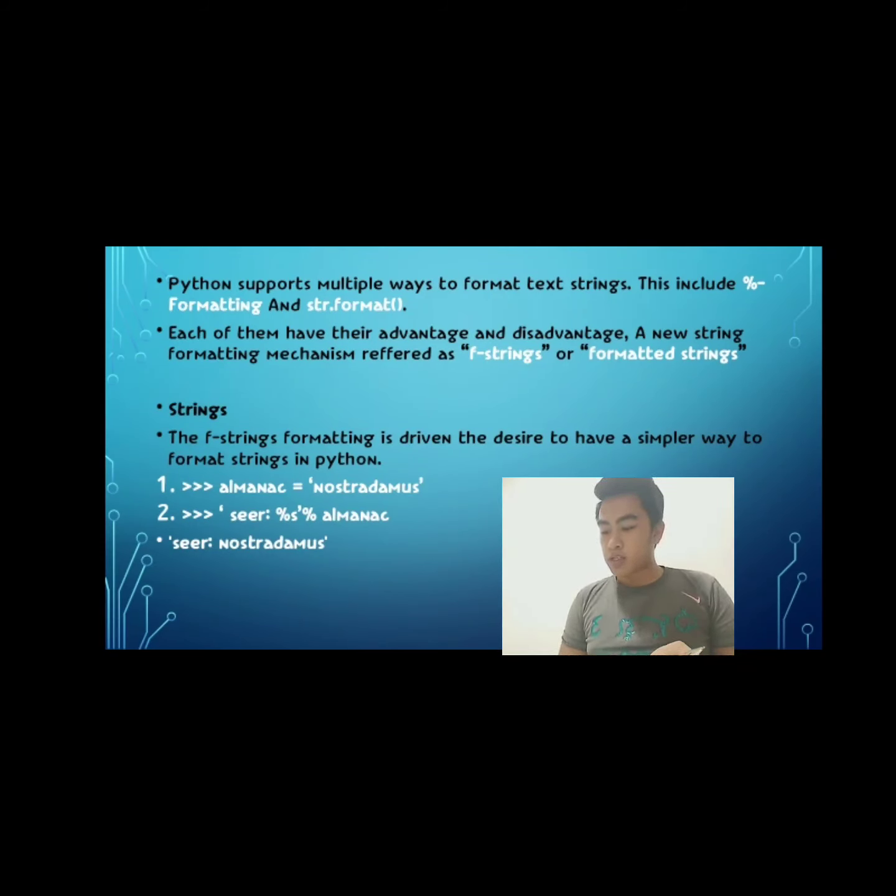So, number one, almanac is equal to Nostradamus. Number two, seer is percent s almanac, so percent s string almanac.